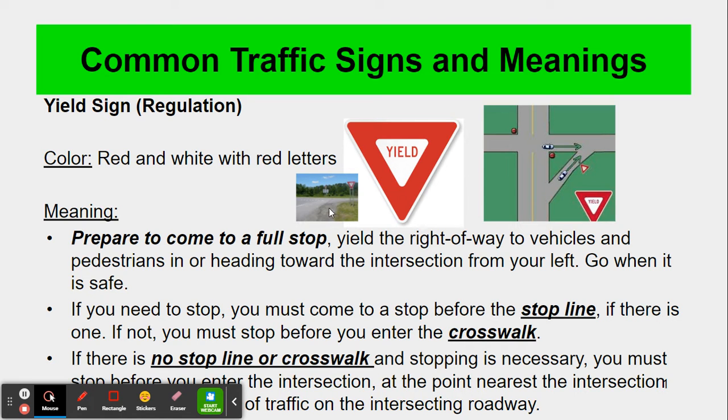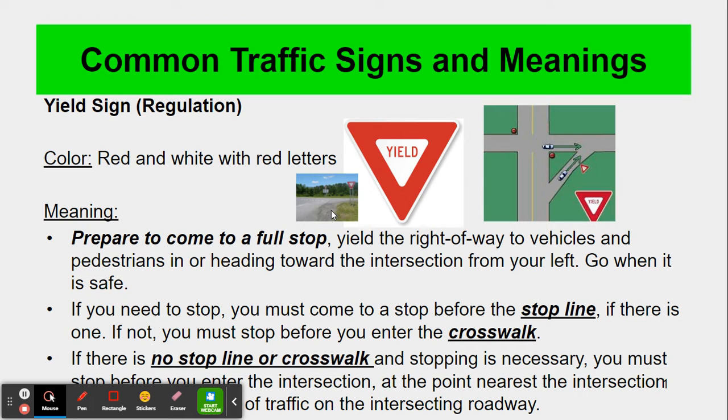This is a warning sign that's at a T in the road, and we'll talk more about T's in a minute. Usually, my rules for driver education are these. If you come to a T in the road and there is no sign, you need to bring your car to a full stop.